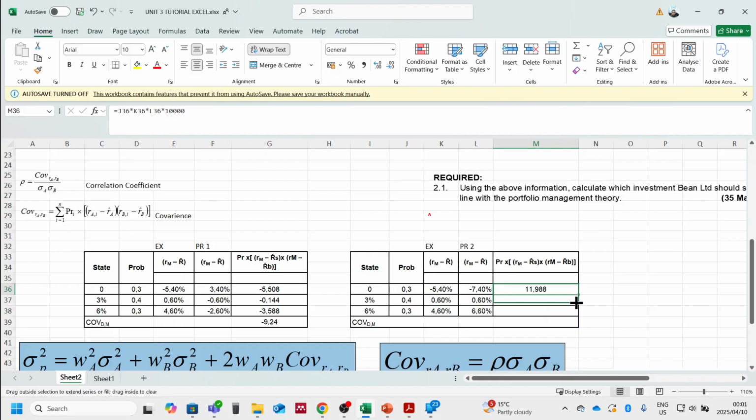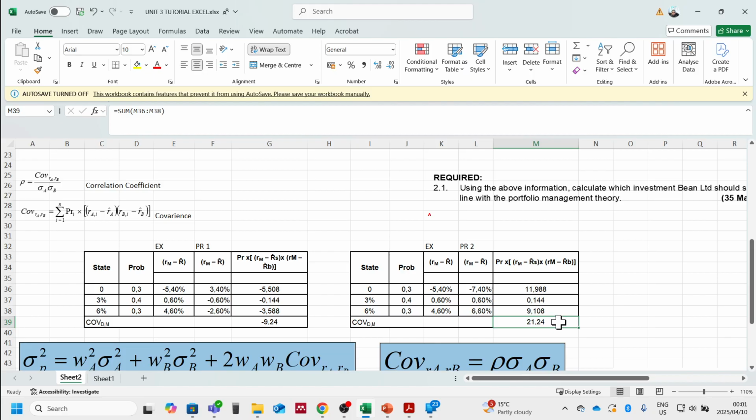Whereas for the other states, probable outcome, we then have 0.144, and then over here we then have 1.04, which then leaves us now to a total covariance of 21.24%. So this just tells us that existing project and project 2, they move in the same direction.